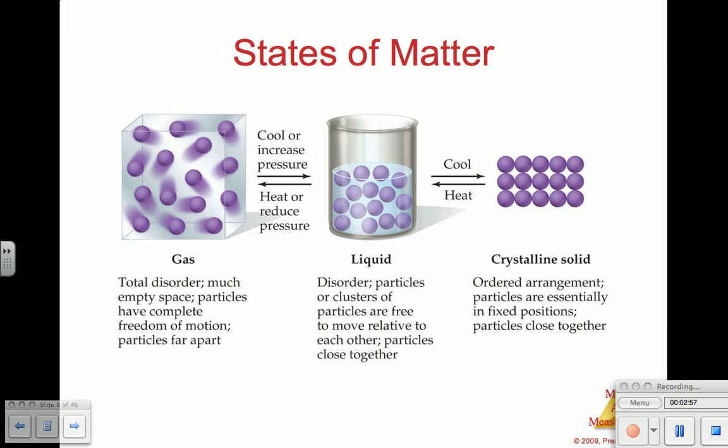Liquids, on the other hand, still have energy associated with them, so there's movement and motion, but there's still some attractive properties to one another, and so they stay near each other in a liquid form, but in a disorderly way, they overlap and change position. And then for a solid or a crystalline solid, the particles are arranged in organized patterns according to their bonding relationship and their size.